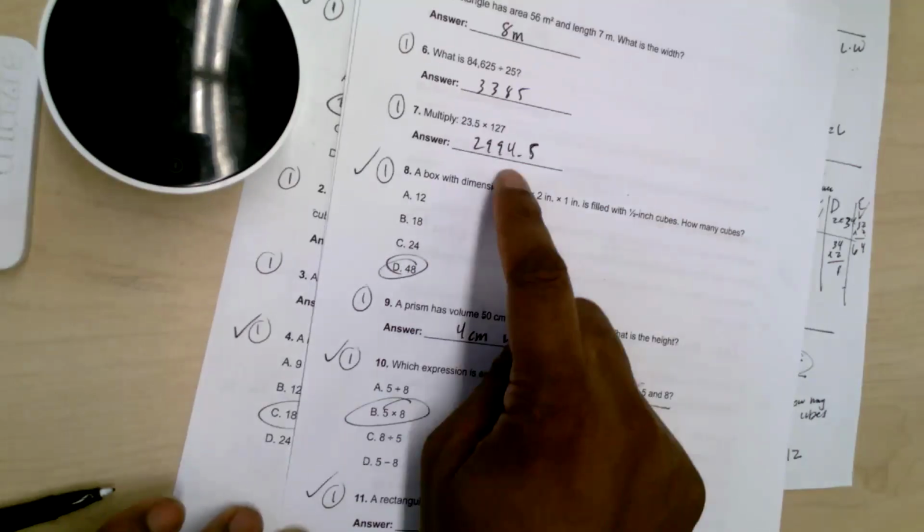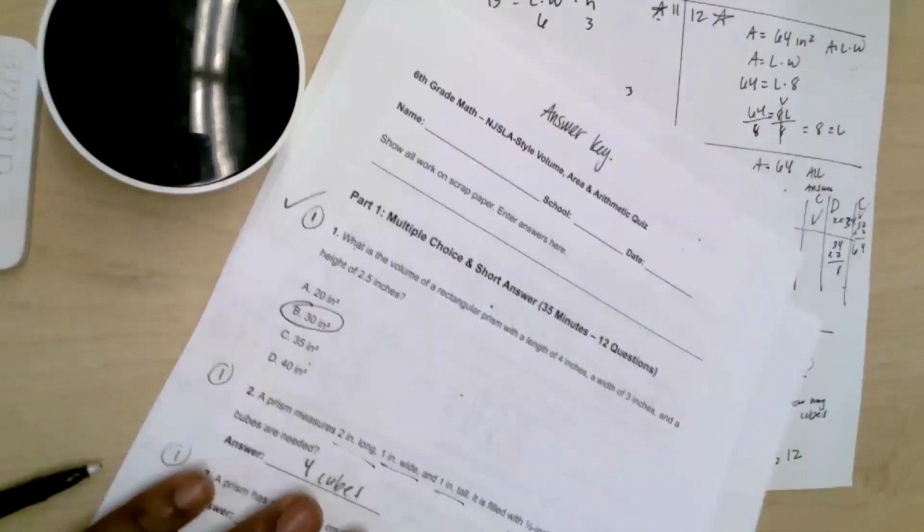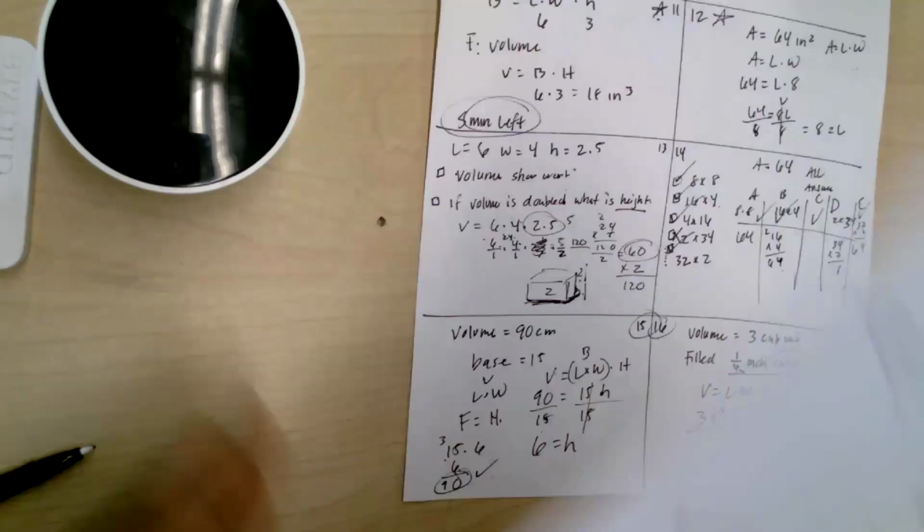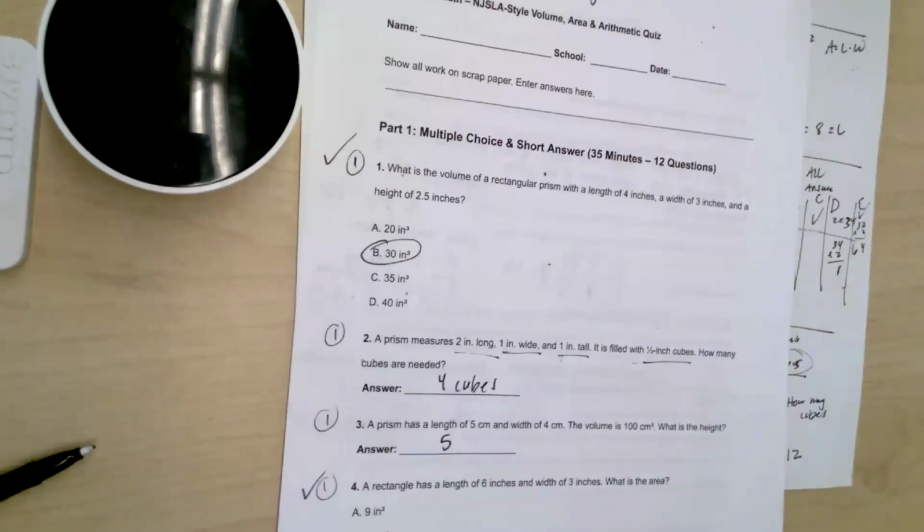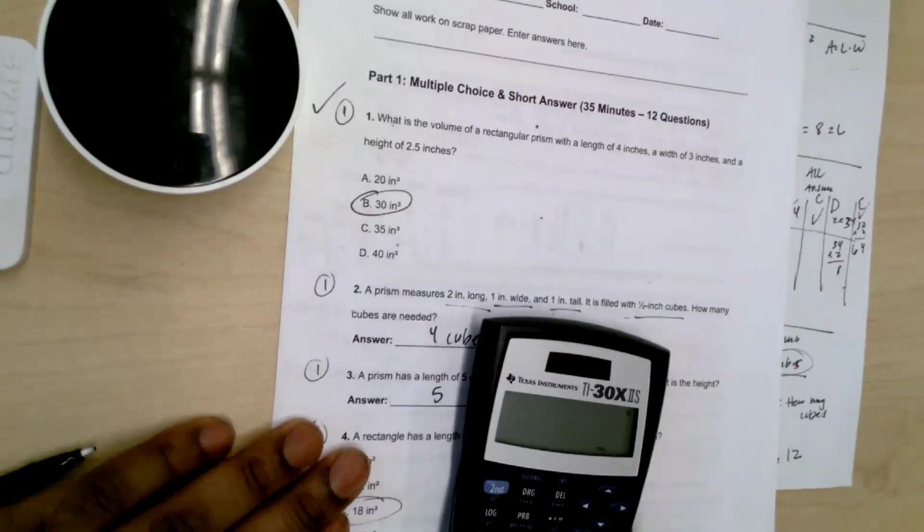Yes, yes, yes, yes, and yes. I'm assuming my answer is the answer key, so I won't be able to check it. But let's just check my answers with the calculator to make sure I'm correct.